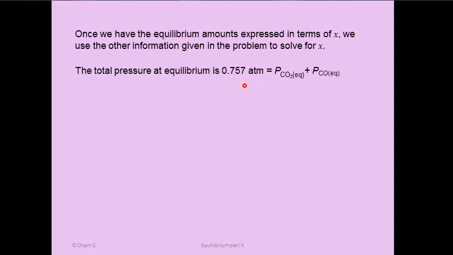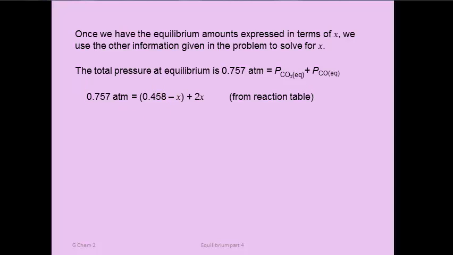Well, according to the law of partial pressure, the pressure of carbon dioxide and the pressure of CO together should make this. Then I go back to the reaction table and say, well, I don't know the exact number, but according to the reaction table, I'm expressing the pressure of CO2 as the original concentration minus x, and I'm expressing the pressure of carbon monoxide as 2 times x.